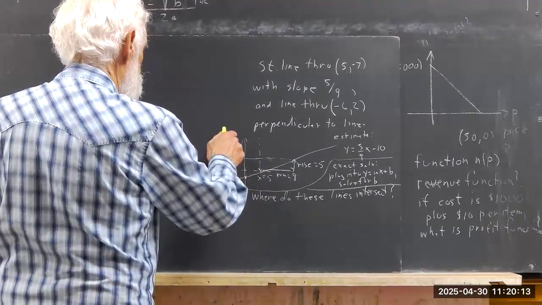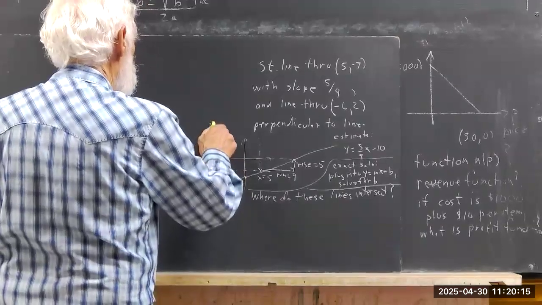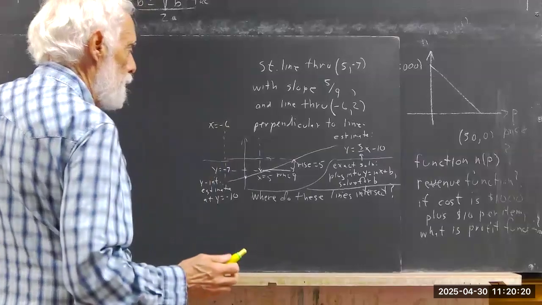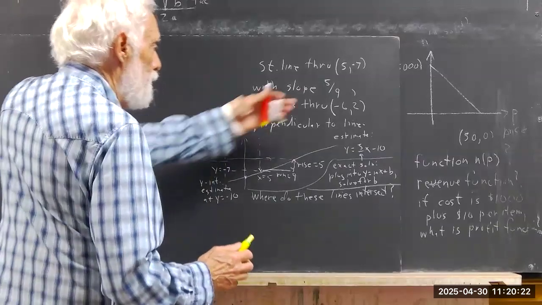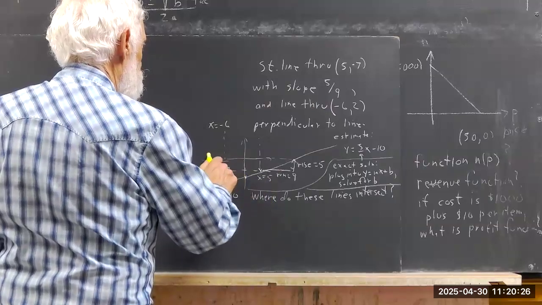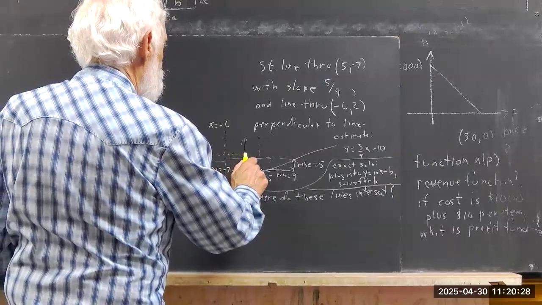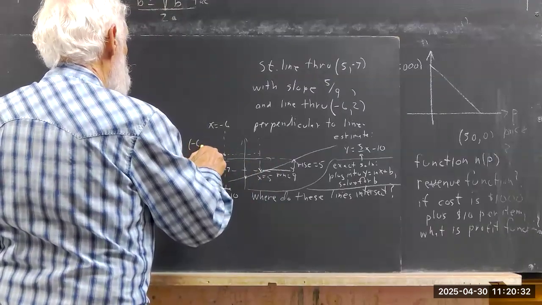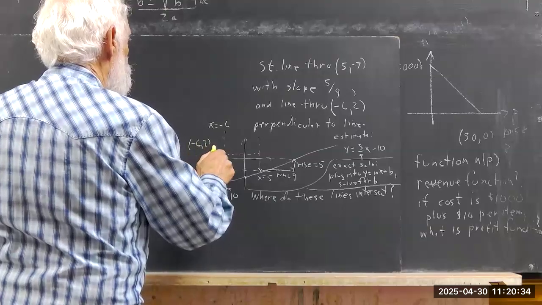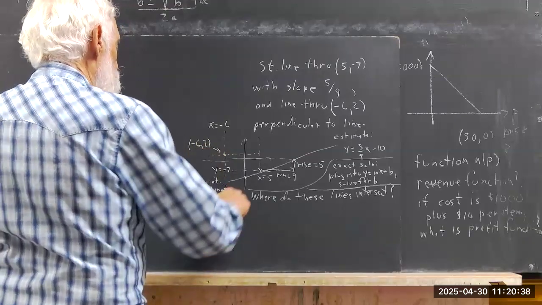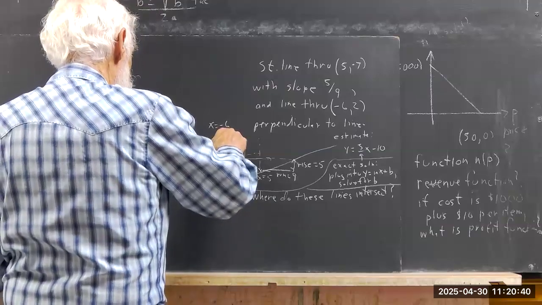So if 5 is here, -6 is probably about here. Okay, and it's -6, 2. If y equals -7 here, y equals 2 maybe about here. -6, 2. And then we want a line perpendicular to this.